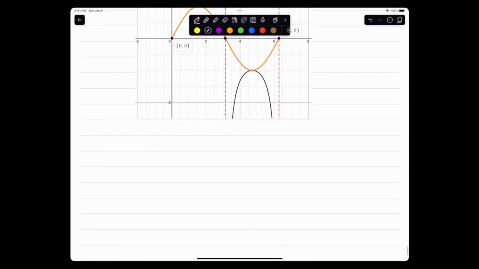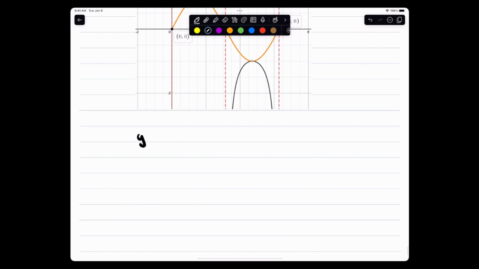So if they give you, as an example, they want me to sketch the curve of, I'm going to look at my notes, y equals 4 cosecant of 1/6 x.